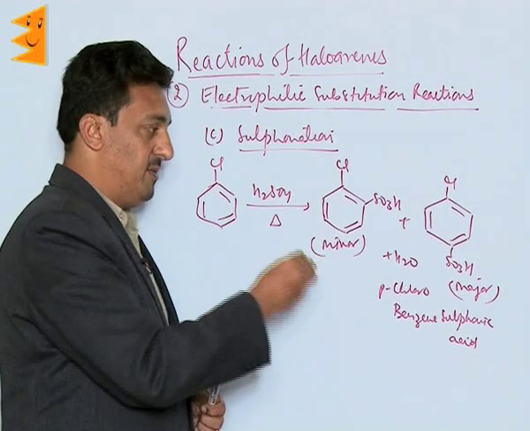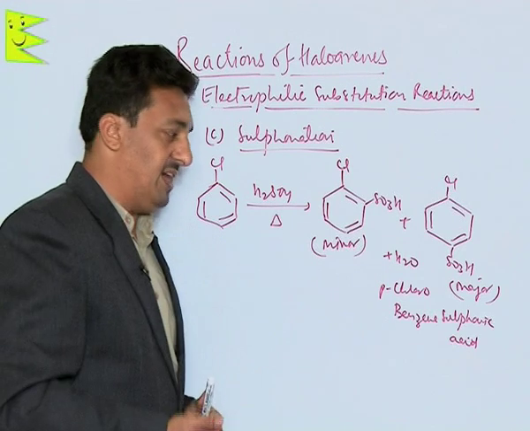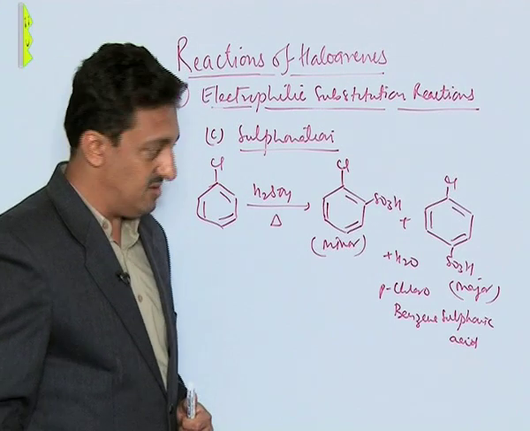So the sulfonic group is introduced at ortho and para positions. Two products are formed. Of course, the para one will be the major one because of the symmetry.